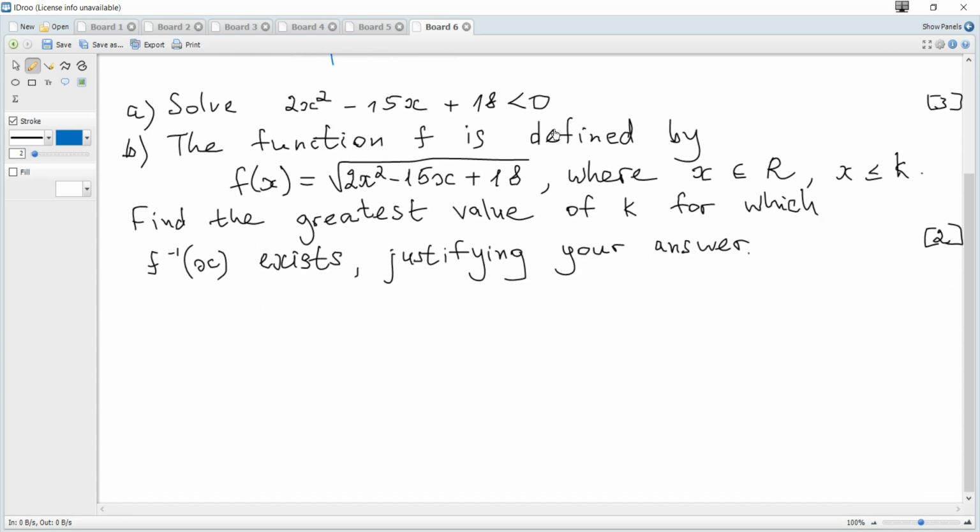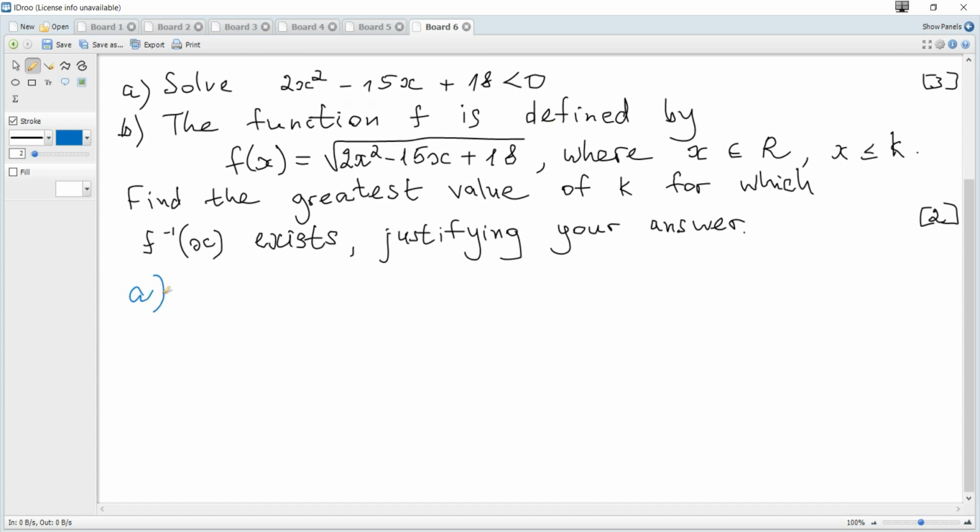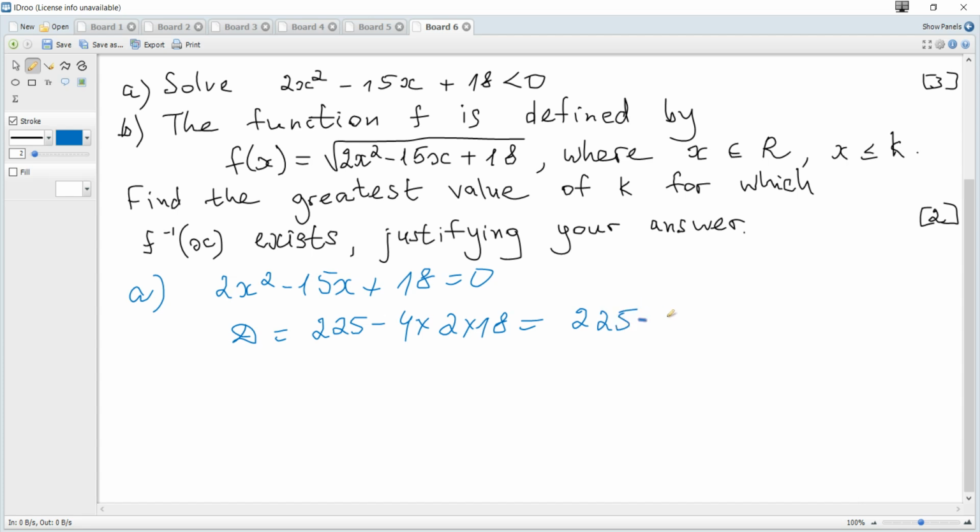So we need roots, and let's use the discriminant. 2x squared minus 15x plus 18 is 0. Discriminant is b squared, negative 15 squared is plus 225, minus 4ac, and it's 225 minus 144, which is 81.